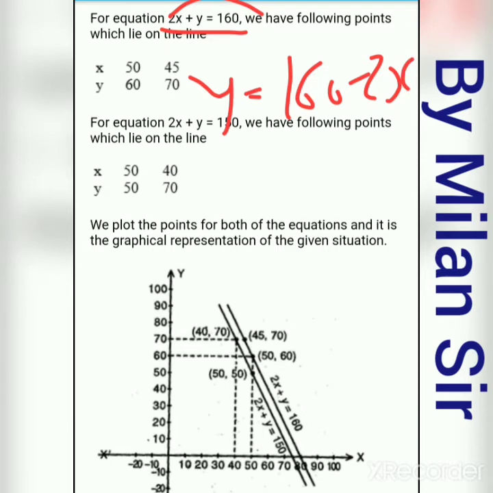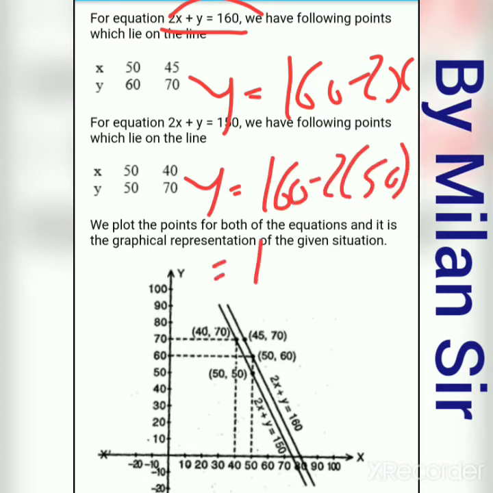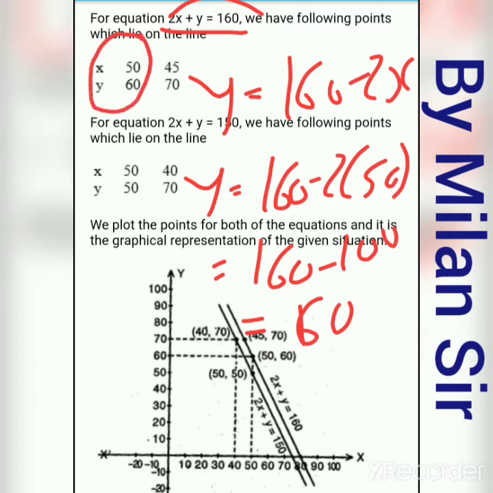Y equals 160 minus 2x. First of all put x equals 50. So 50 into 2 is 100. So 160 minus 100 is 60, right? So here x equals 50, then y equals 60.